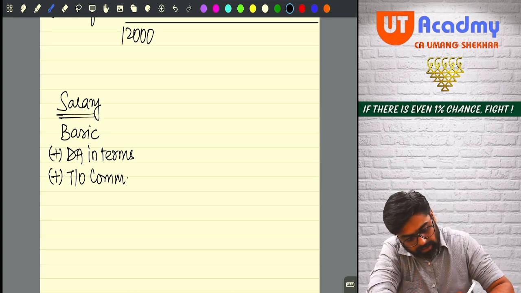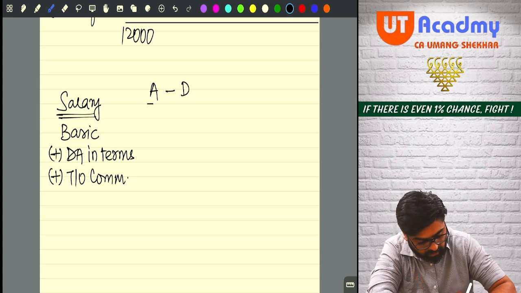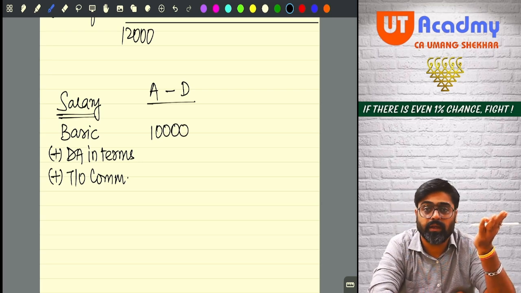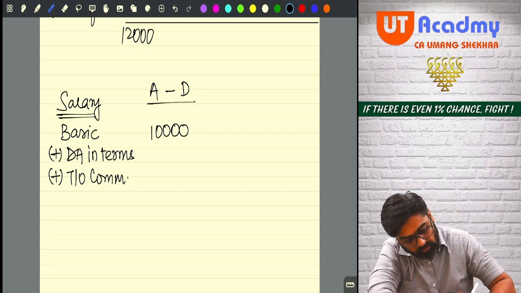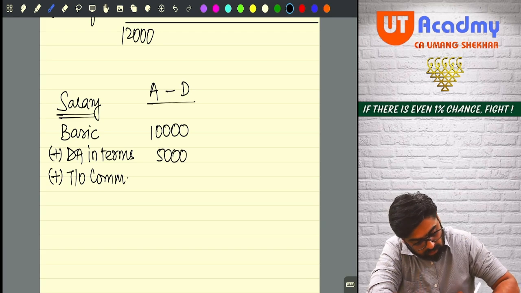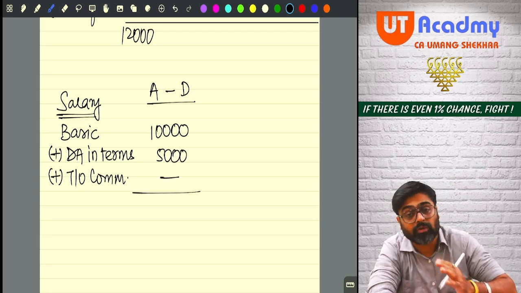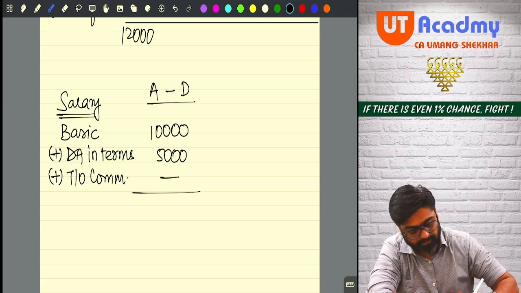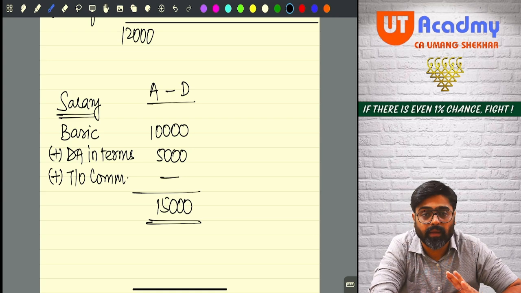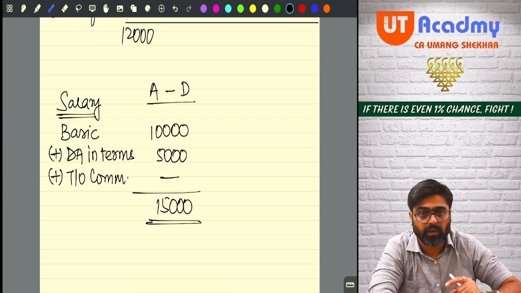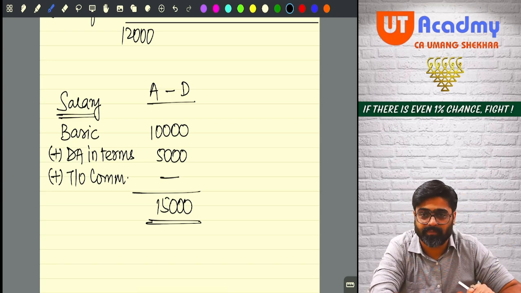So starting from April till December, my basic is 10,000. 100% of that is DA. 10,000 is DA also. But out of that only 50% is in terms, no? So only 5,000 will be DA in terms. And there was no turnover commission here. So salary from April till December will be 15,000. And this will be the salary for the calculation of HRA exemption.